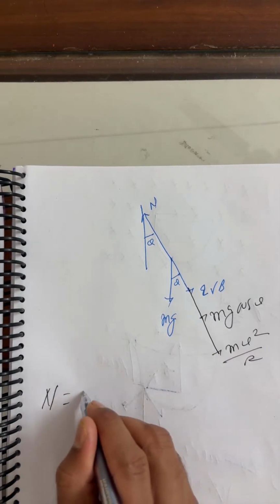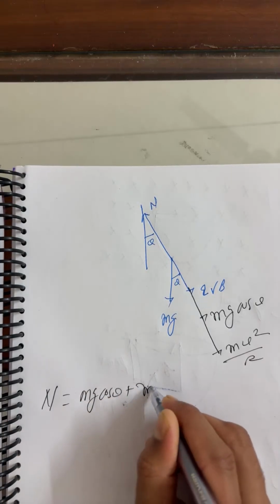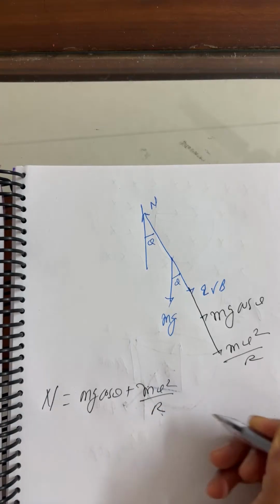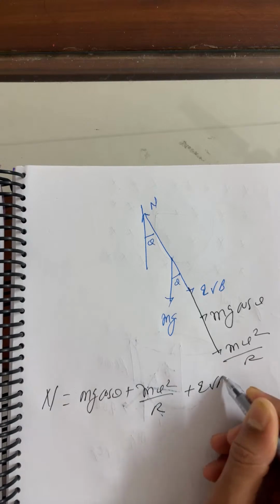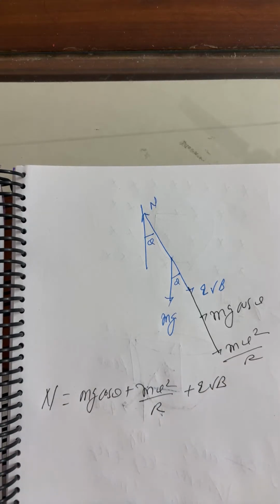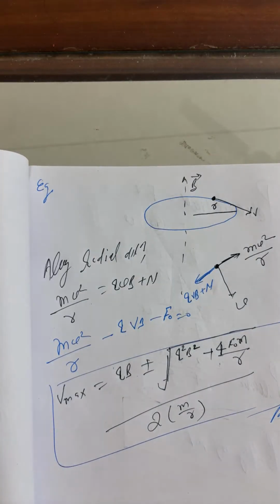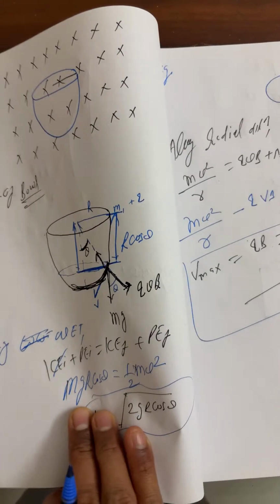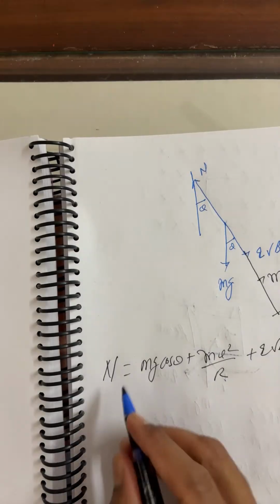So normal is equal to mg cos theta plus mv square by r plus qvB. The v value we already found previously: v is root of 2gr cos theta.